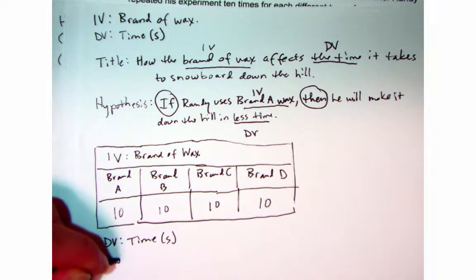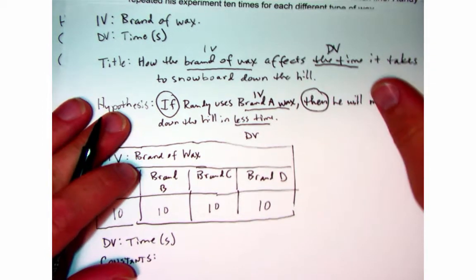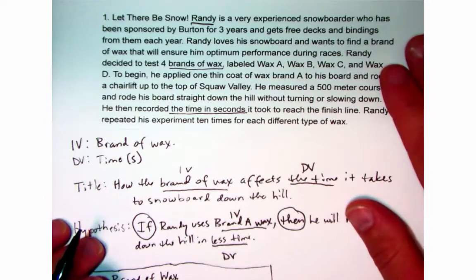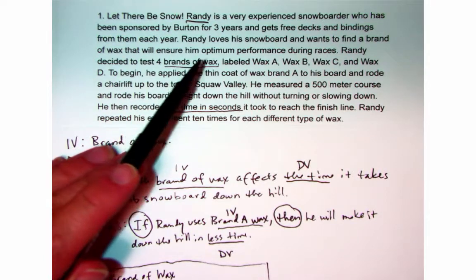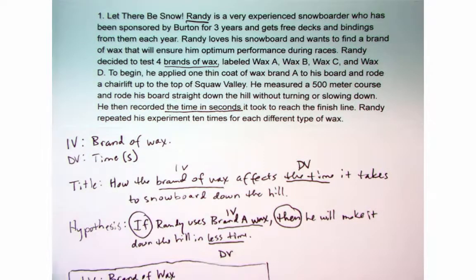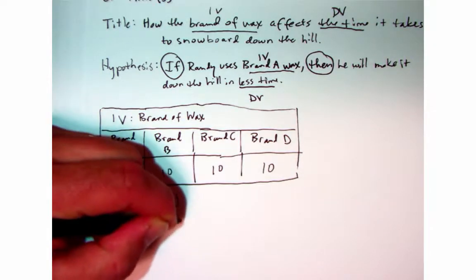And then finally, we want to write down our constants. These are the things that stay the same. So we might have to go back and reread here. Let's see if Randy keeps anything the same. All right. Randy is using the same snowboard every time. So the snowboard itself is a constant.